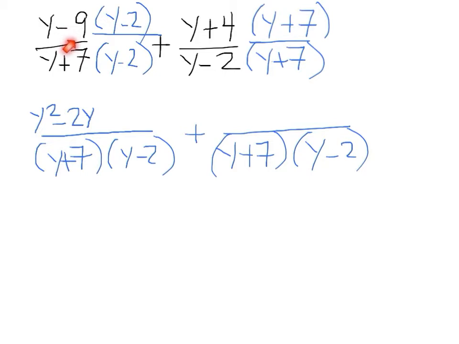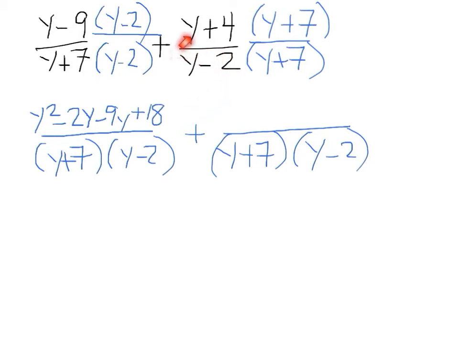So minus 9 times y is minus 9y, and minus 9 times minus 2. Minus times minus is positive, and 2 times 9 is 18. Okay. Y squared minus 2y, then minus 9y, and then positive 18. Fine.